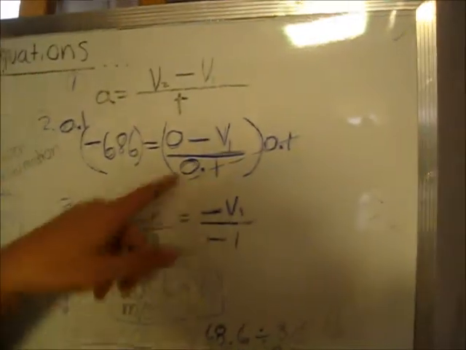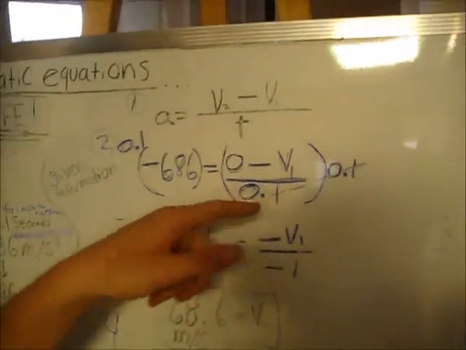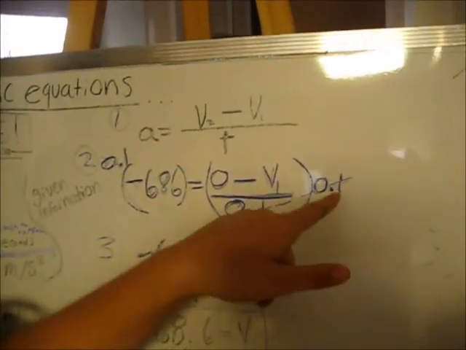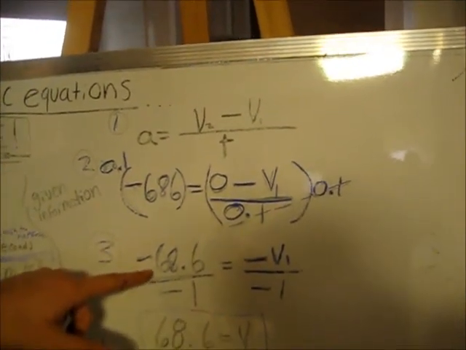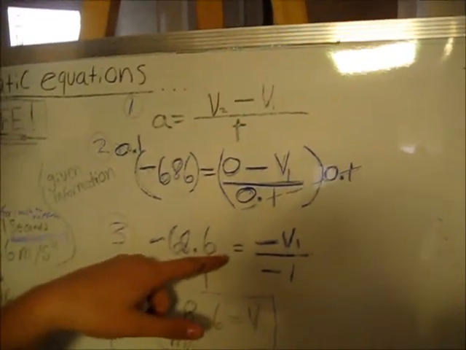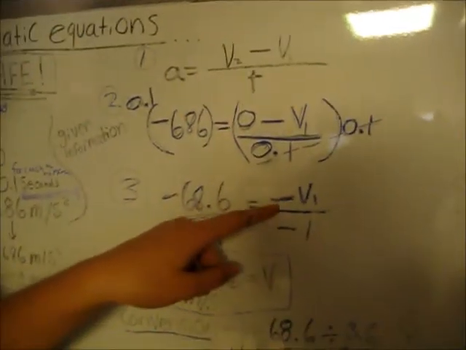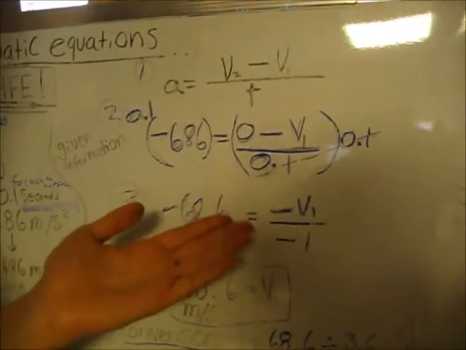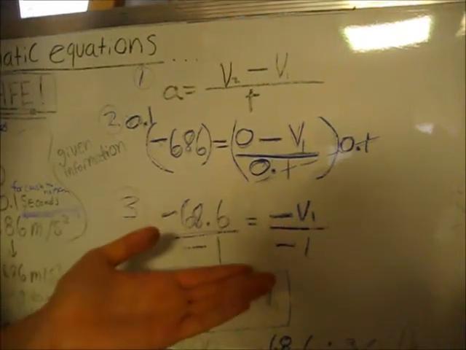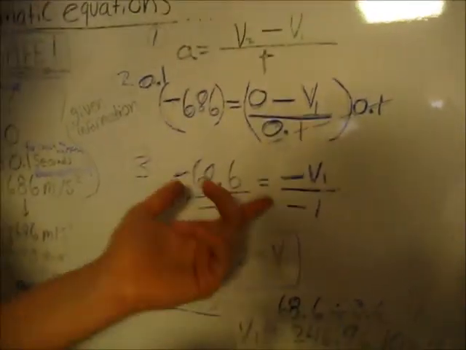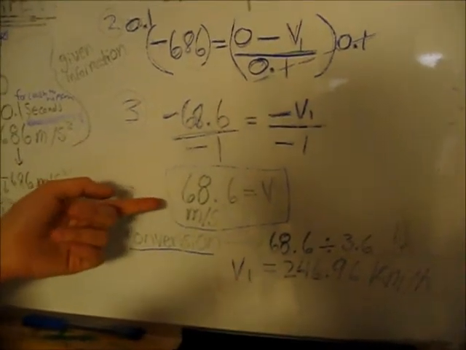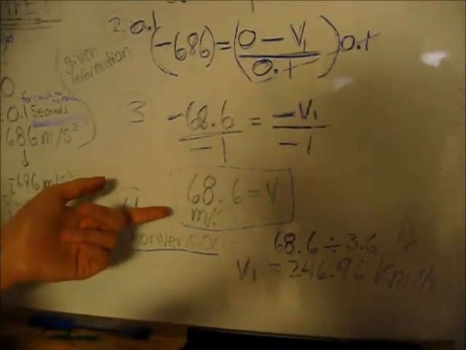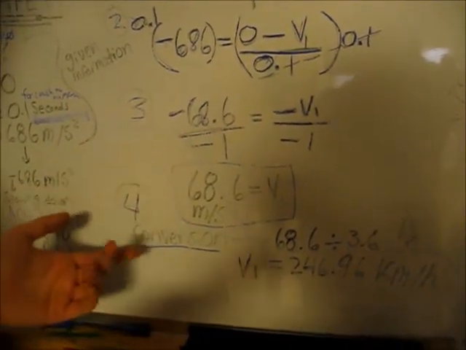We need to multiply by 0.1 seconds on both sides to get rid of the fraction. That gives us negative 68.6 equals negative V1. We want to isolate V1, not negative V1, so we have to divide by negative 1 on both sides. This gives us 68.6 as our V1, which is our top speed, in meters per second.